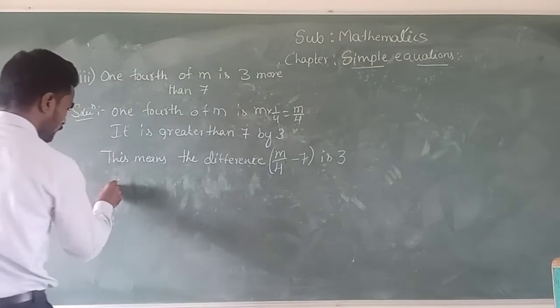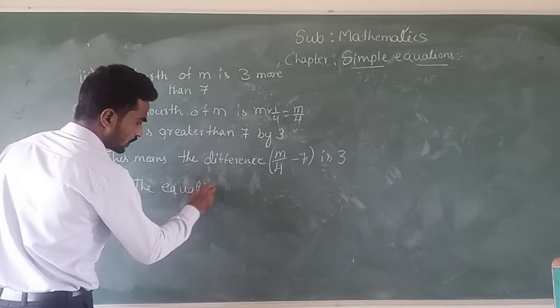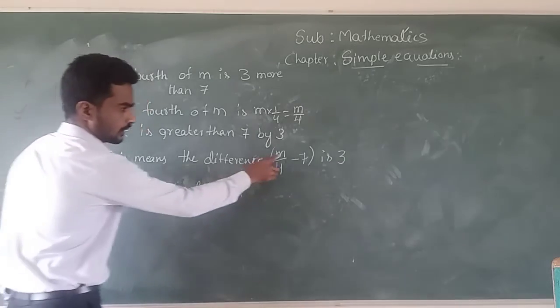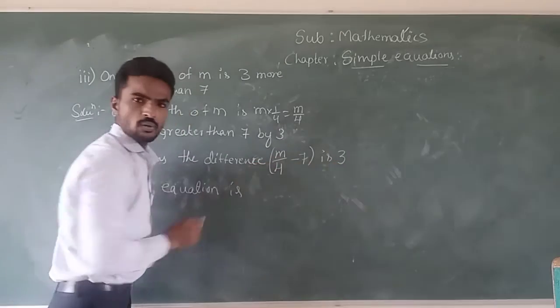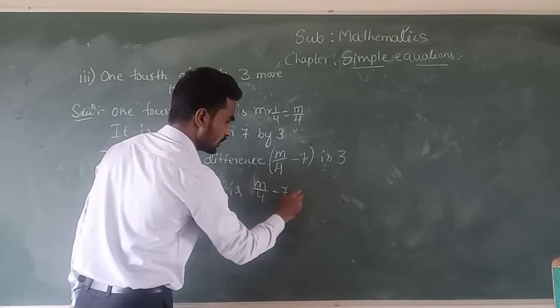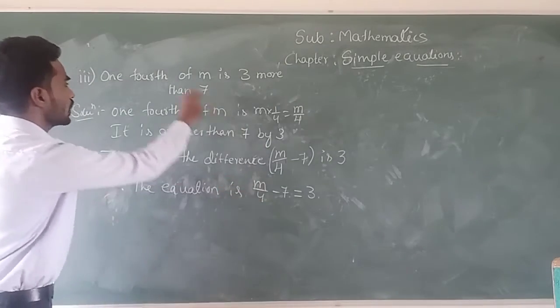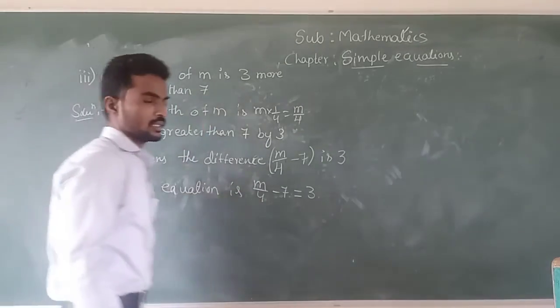Therefore the equation is m by 4 minus 7 is equal to 3. This is the equation form of this statement.